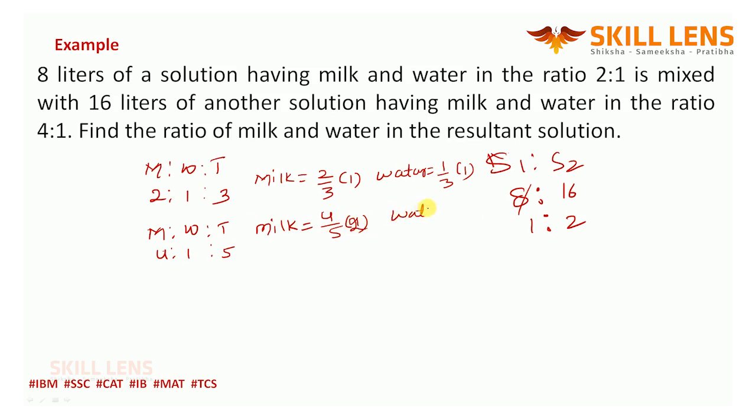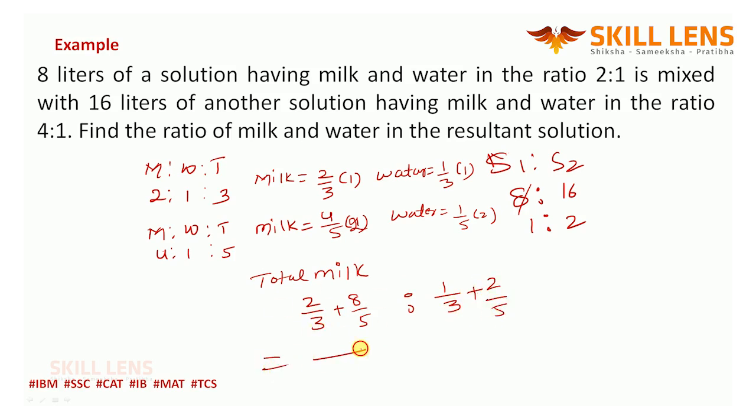What happened to water here? The water is going to be 1/5 of 2. So can I say my total milk is going to be 2/3 plus 8/5, and for water, 1/3 plus 2/5.